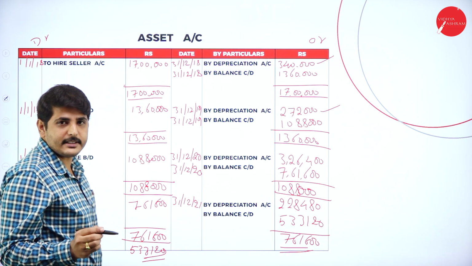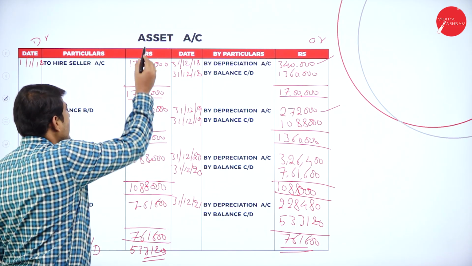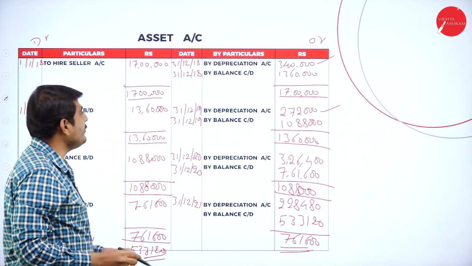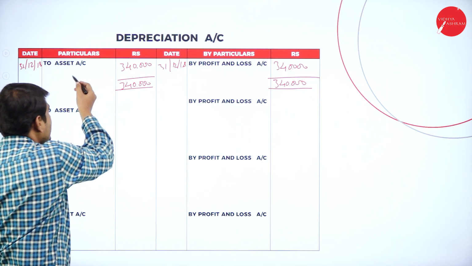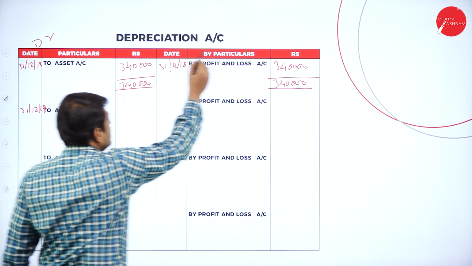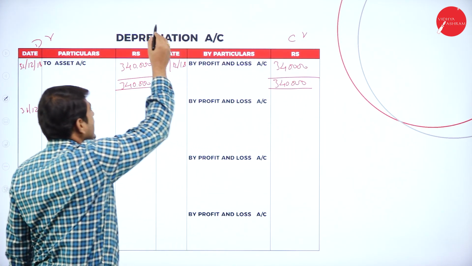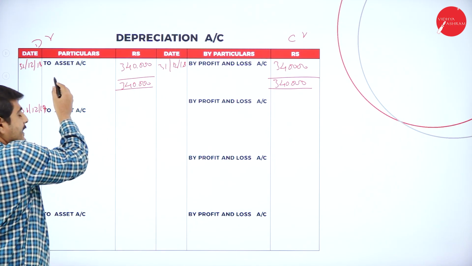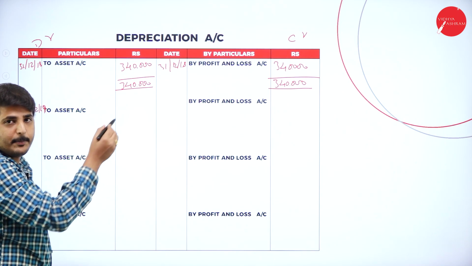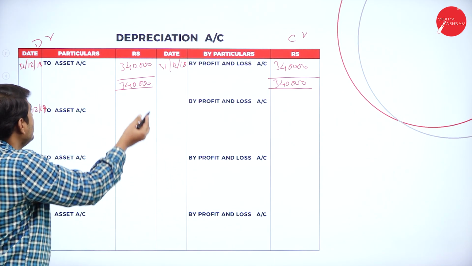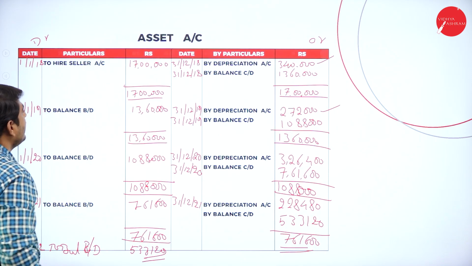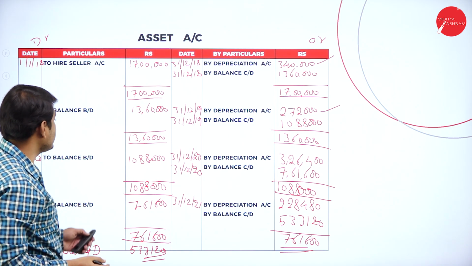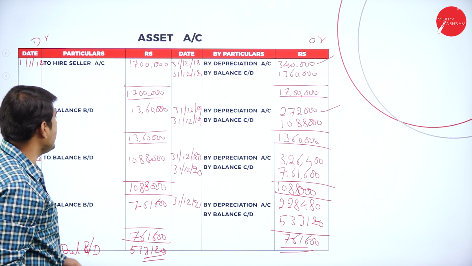We have to understand one thing here: in the asset account, depreciation appears on the credit side. At the same time, in the depreciation account, asset appears on the debit side. So by depreciation to asset account. I hope you're understanding. So what is the second year depreciation?